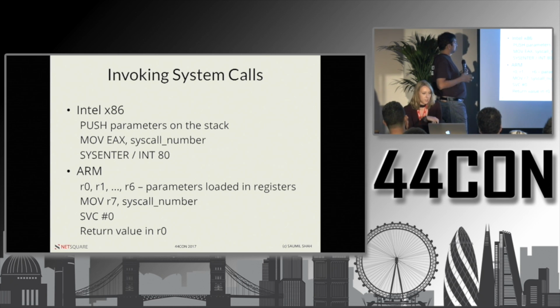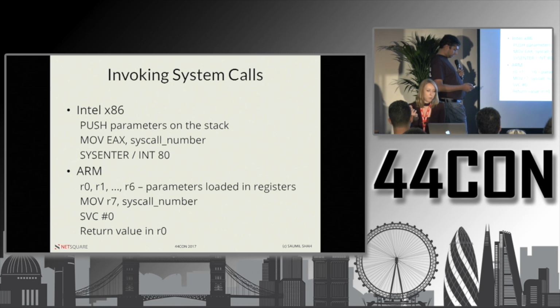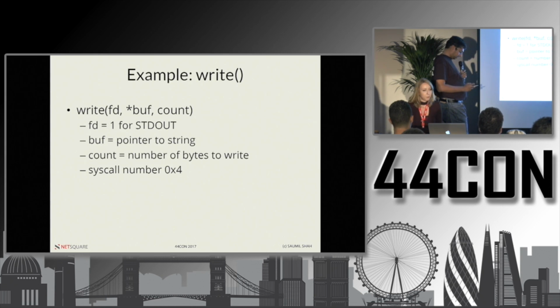Once we have done that, we need to figure out the syscall number, then move it into R7, which is a specific register for that purpose, and then we invoke the system call. Very simple. So let's look at an example.